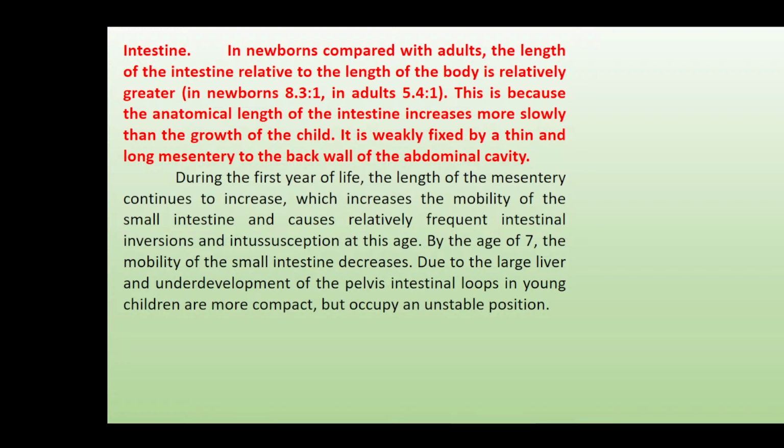By the age of 7 years old, the mobility of the small intestine decreases due to the growth of the liver and development of pelvic intestinal looping. In young children the loops are more compact, but occupy an unstable position.